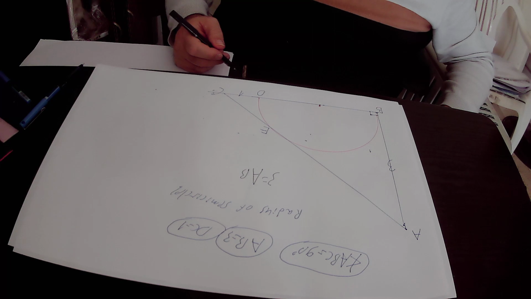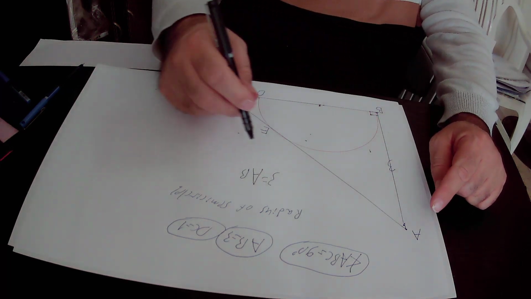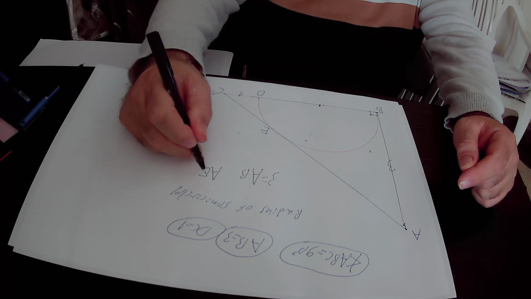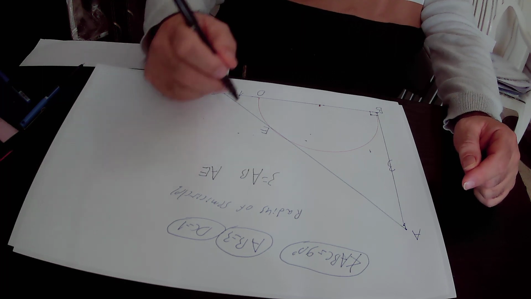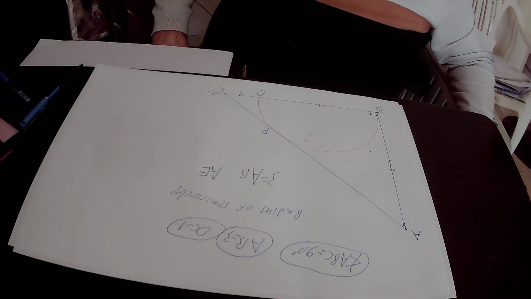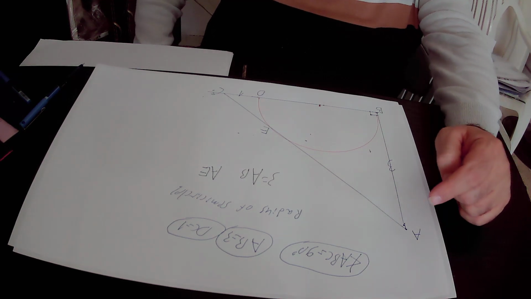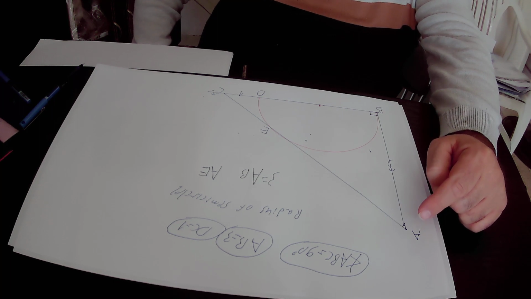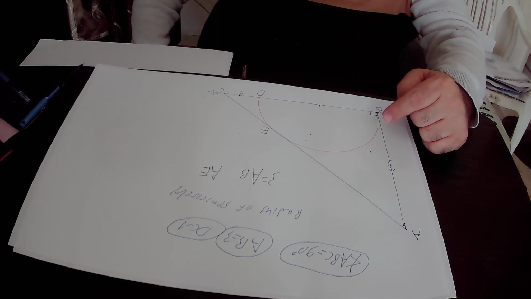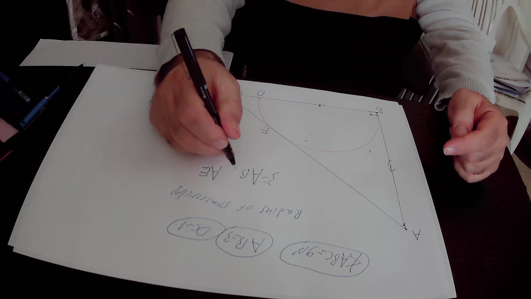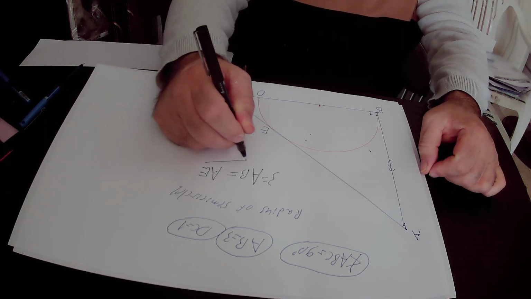And we have the second tangent, tangent AE, and according to rule number 1, the lengths of two tangents from an external point of a circle, in this case point A, to the circle are equal, that is to say AB equals AE.